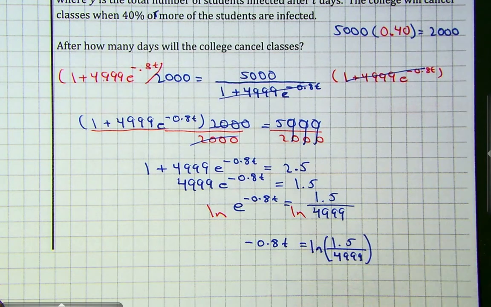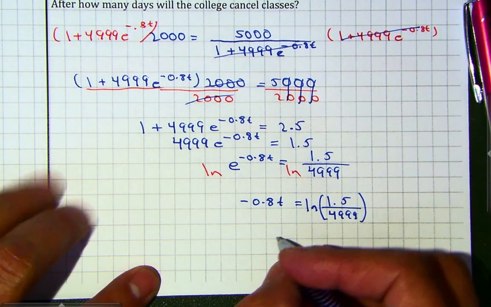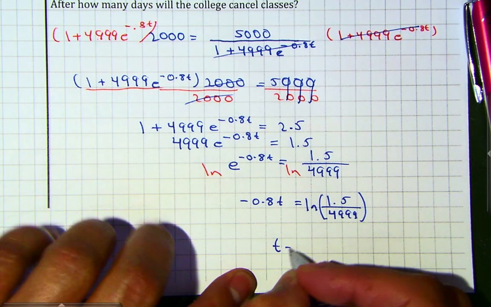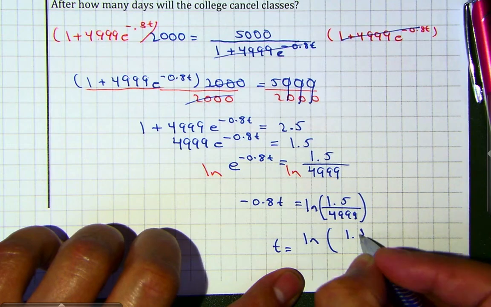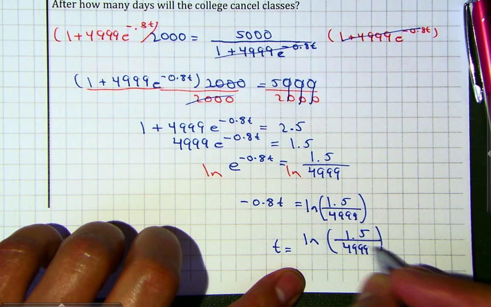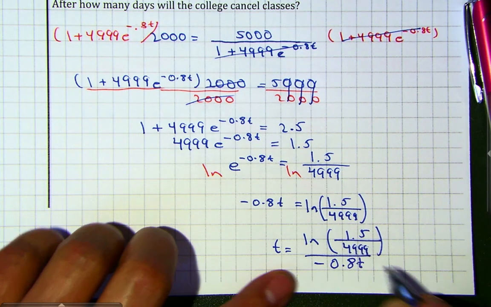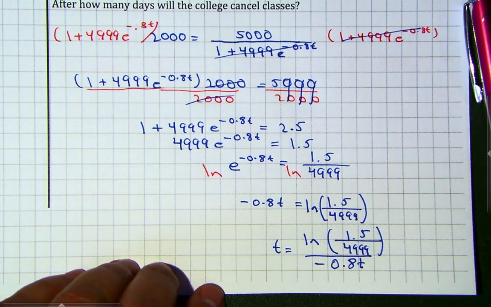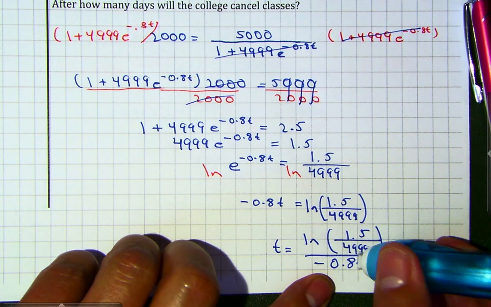And I'm going to divide by negative 0.8. So my exact answer will be t is equal to the natural log of 1.5 over 4999, all over negative 0.8. Oh, not t, right? We just divide by negative 0.8, we don't need t in there.